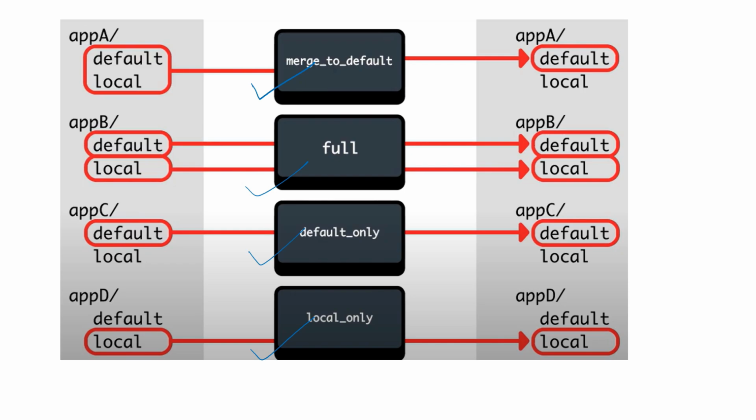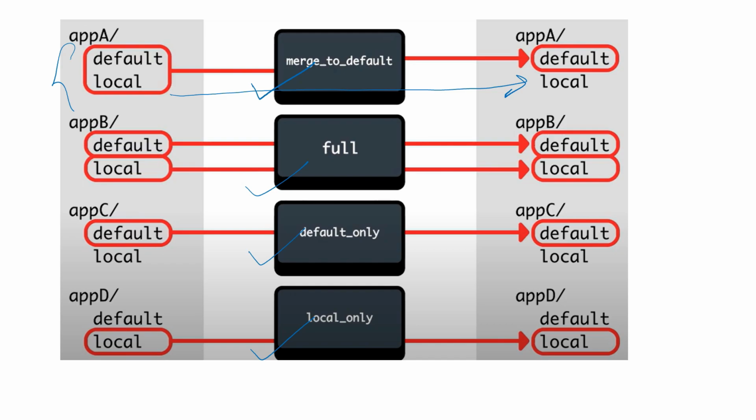And if you look at the first one, merge to default, what happens? The content residing inside both the local and default directories in your deployer instance gets merged into a single folder and creates a bundle, and that bundle gets pushed to your search head cluster members inside the default directory, right?